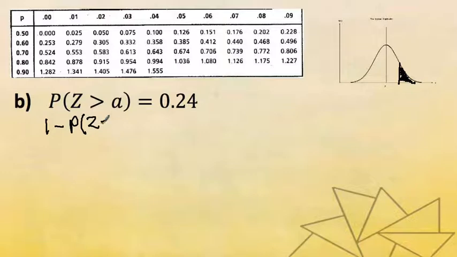probability of Z less than A equal to 0.24. Okay, so now what I need to do is I'm going to add probability of Z less than A to both sides.